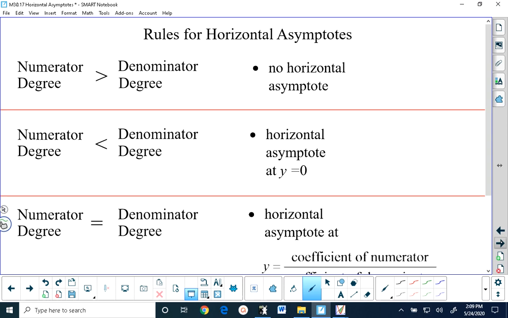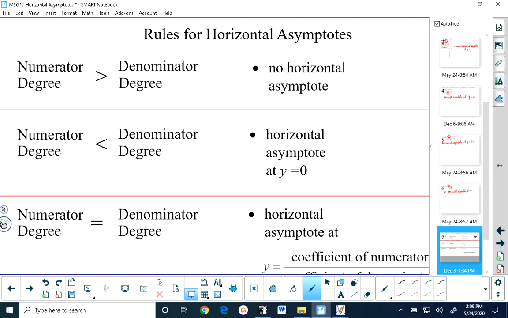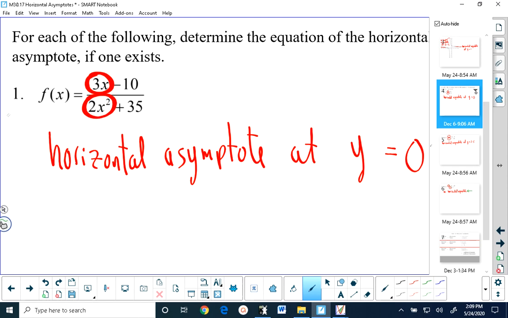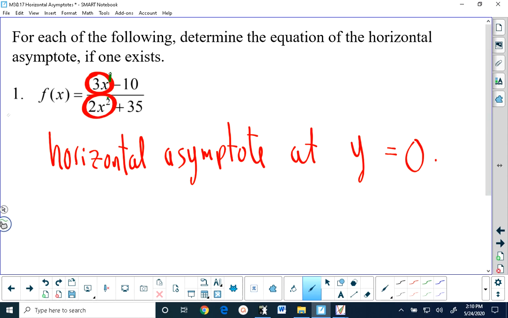If the numerator degree is less than the denominator degree, then you will have an asymptote at y equals 0. In fact, that's what was going on in example 1. The degree in the numerator was 1, the degree in the denominator was 2. 1, which is the numerator degree, is smaller than the denominator, so you get the x-axis being an asymptote.